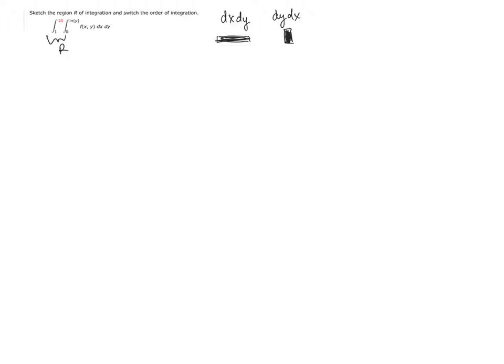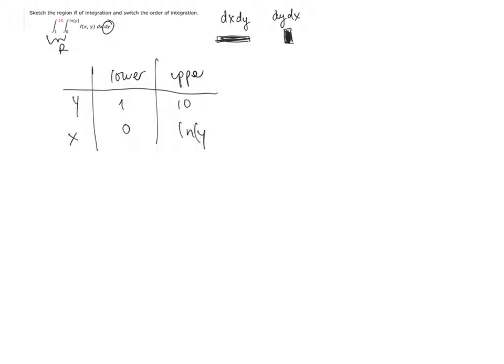I'm going to start with dy on the outside, so your lower bound and upper bound for y will be from 1 to 10, and your x is from 0 to natural log of y. So now you have an equation right here for an upper bound: x equals natural log of y.